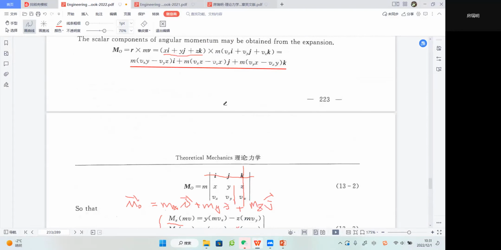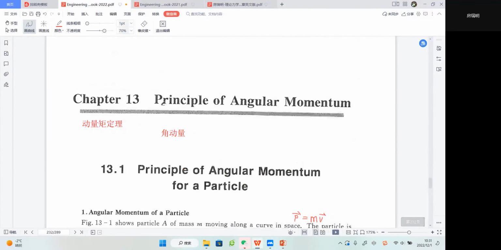The topic of this chapter 13 is the principle of angular momentum. Our logical path goes from a particle to a system of particles, then to rigid bodies with different kinds of motion, maybe translation, rotation around a fixed axis, or plane motion.